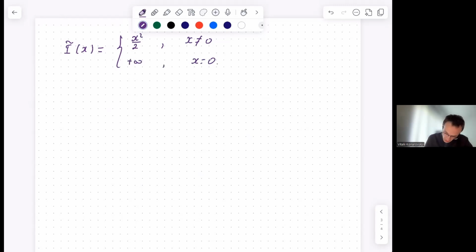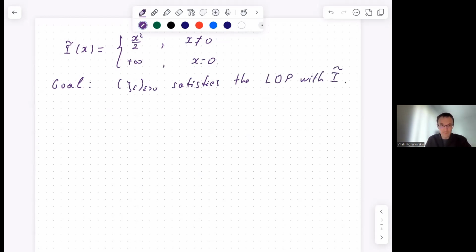Then our goal in this example is to show that psi epsilon satisfies the large deviation principle with rate function I tilde.